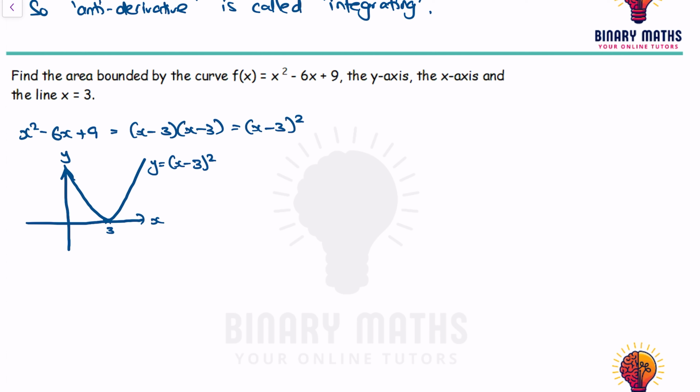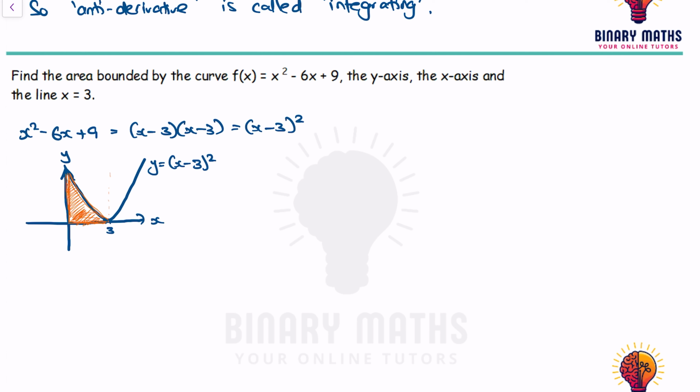Find the area that is bounded by the y-axis. So let's use a different color to highlight it. So the y-axis is here, the x-axis is here, and the line x equals 3. So basically what we're trying to find is all of this, bounded by the curve and the line x equals 3.